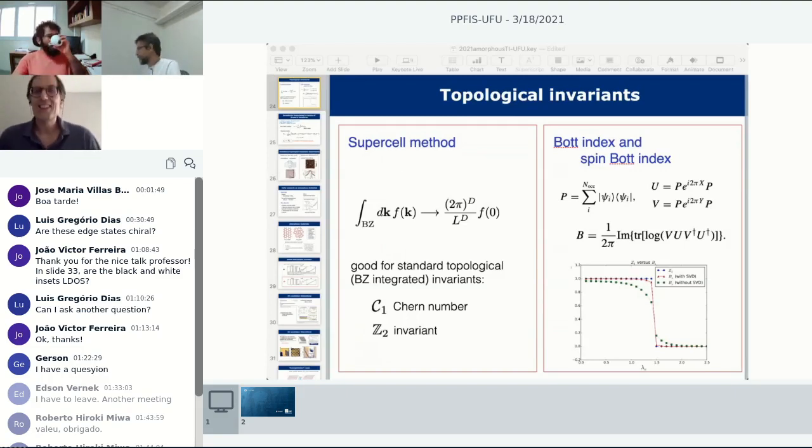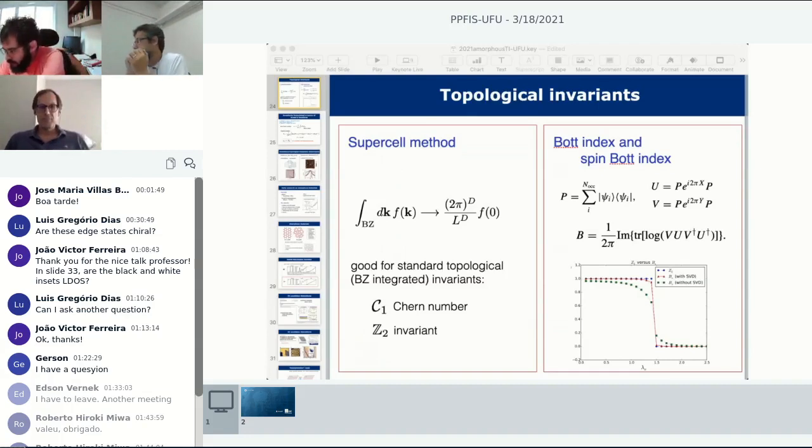I think my question is related to the one from Luis regarding the adiabatic transition from topological to non-topological. There is this picture that you can define the topological insulator by comparing it to the atomic limit, where nothing is coupled, like atomic sites that don't couple to other sites.